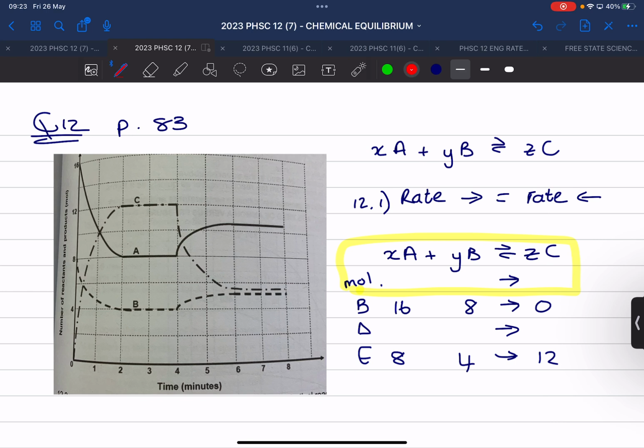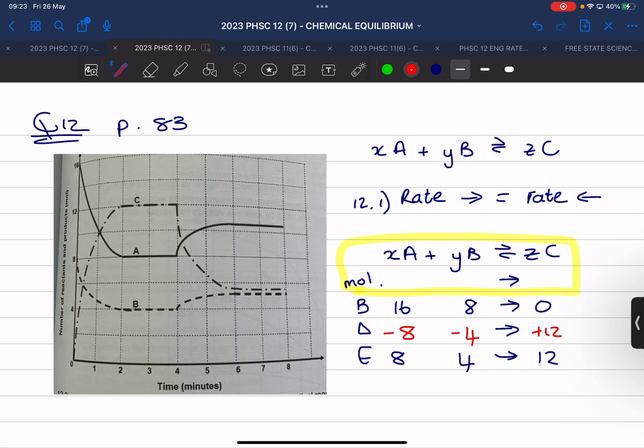Now the difference here is plus 12. This is negative 4. This is negative 8. So is the mole ratio 8 to 4 to 12? You must always do it in the simplest ratio. So we can divide all of them by 4.